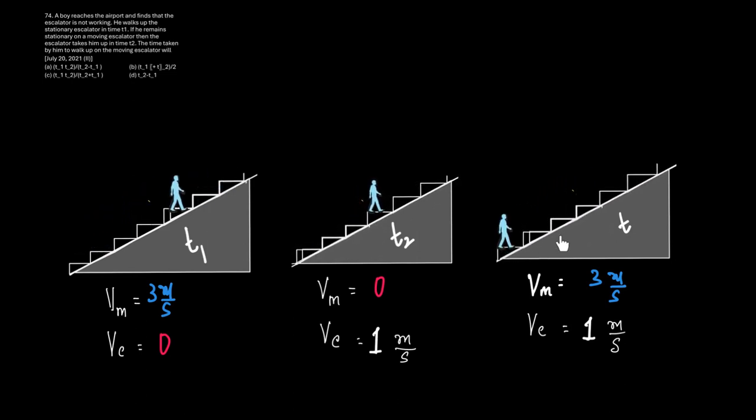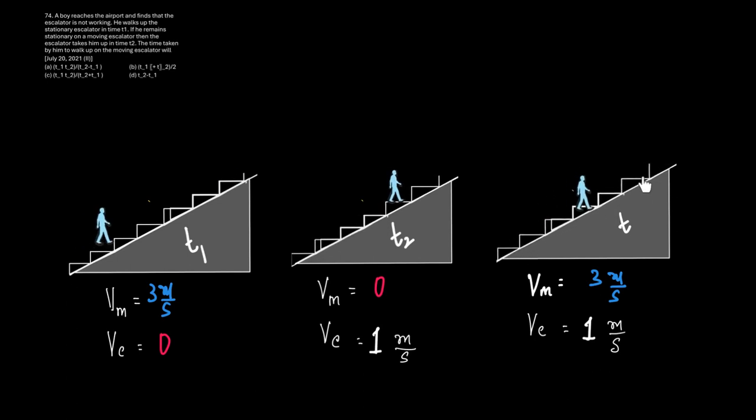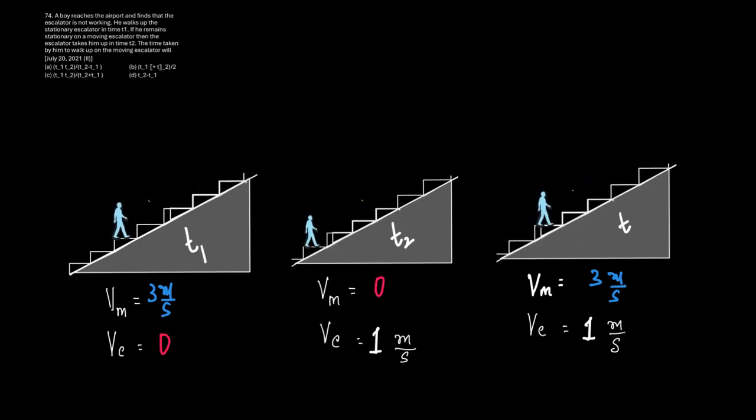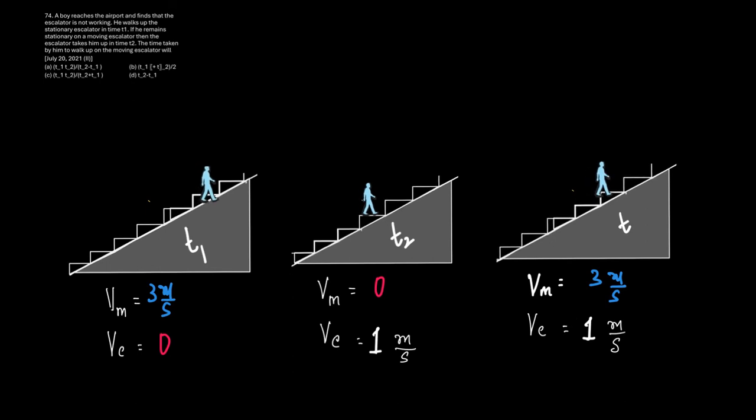Now, when the man is moving on a moving escalator, both of them have velocities corresponding to 3 meters per second for the man and 1 meter per second for the escalator. Okay, why have I taken these values? Just random values to make sure that we get the relative velocity concept clear.